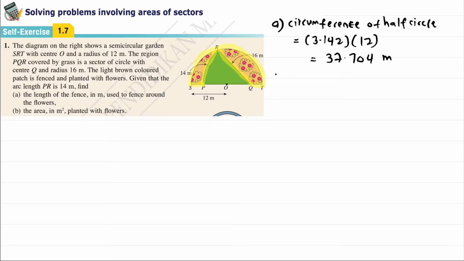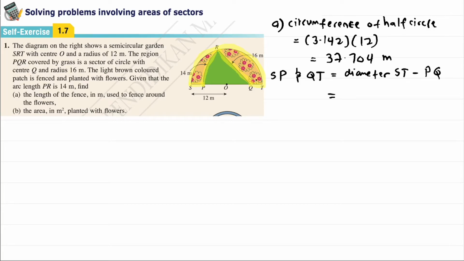Panjang SP dan panjang QT itu adalah bila kamu tolakkan diameter ST dengan radius PQ. So, ini maksudnya apa? Diameter ST tolak dengan panjang PQ. So, diameter ST adalah 12 ni dia punya radius.